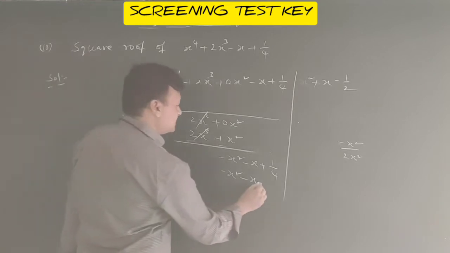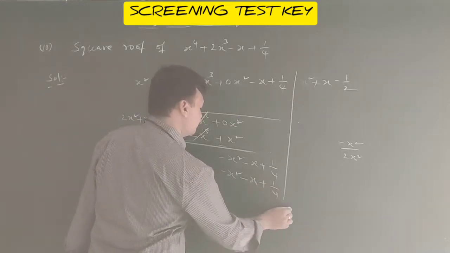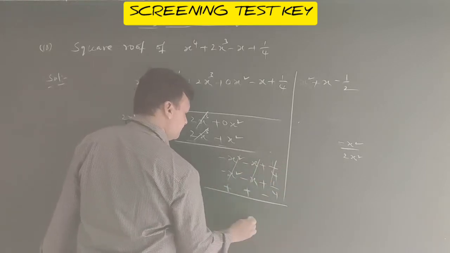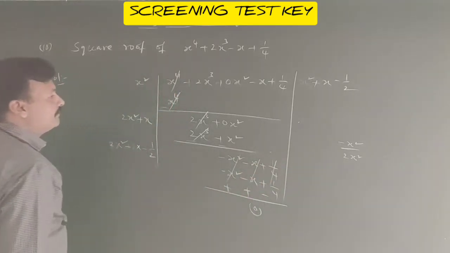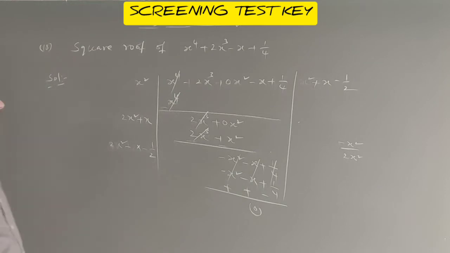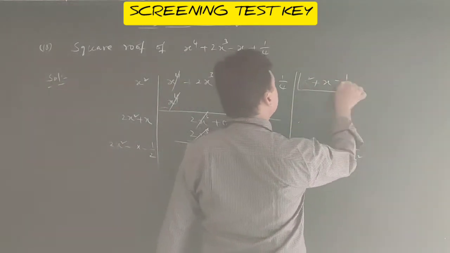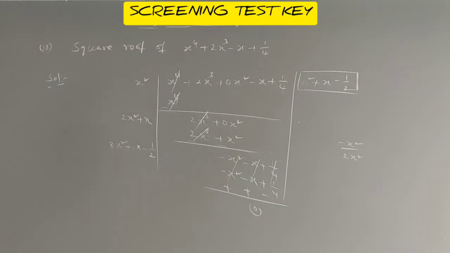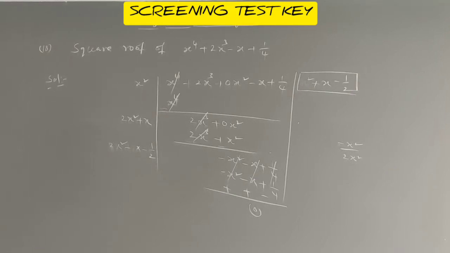Minus into minus plus, 1 by 2 into 1 by 2, 1 by 4. Now the required square root is x square plus x minus 1 by 2.